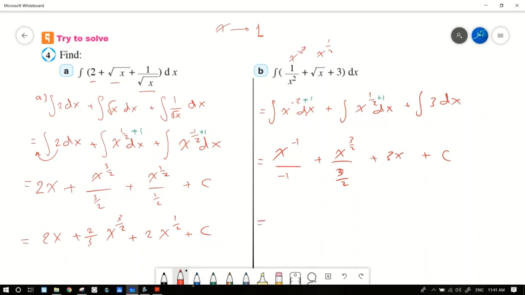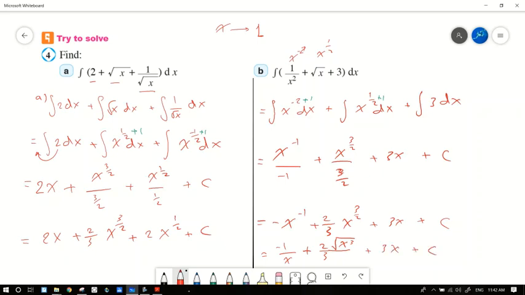So this can be written, in the simplest form, as -x power -1 plus 2 over 3 x power 3 over 2 plus 3x plus c, or it can be written as -1 over x, because x power -1 can be written in the denominator x power 1, plus 2 over 3, and x power 3 over 2 means x power 3 under the square root, so it can be written as 2 square root x power 3 plus 3x plus c.